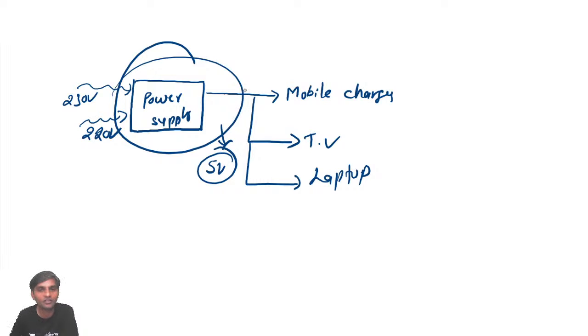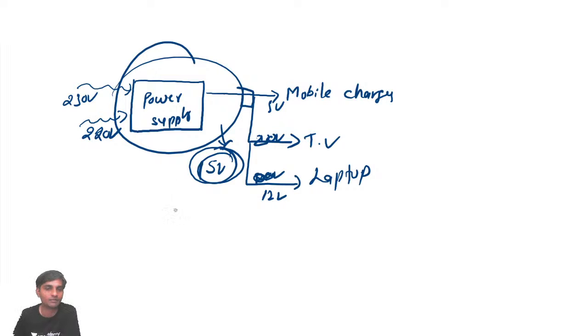Of course, in between you will use an adapter, because it's going to be 5 volts, 12 volts, or 20 volts. Let's say this is an example. I should get a constant output.